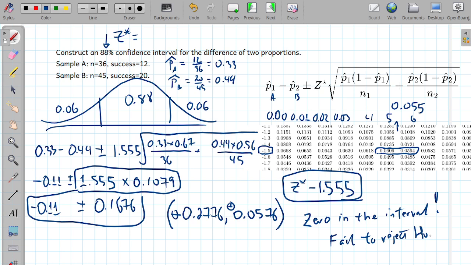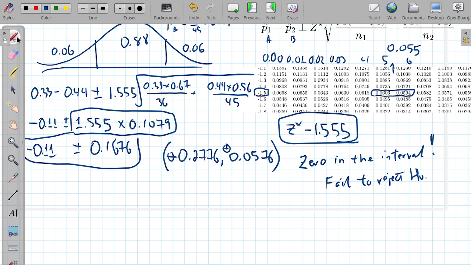Now, just as a quick reminder, what would H null be if this was a hypothesis test question? Well, H null would have been that the population proportion for sample A minus the population proportion for sample B is equal to 0. And I didn't really specify either way the alternative hypothesis because it doesn't matter, since 0, the hypothesized value, is in the interval.